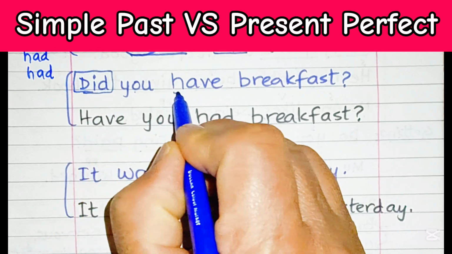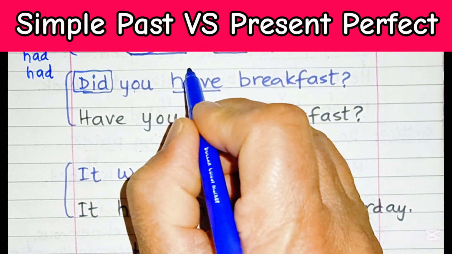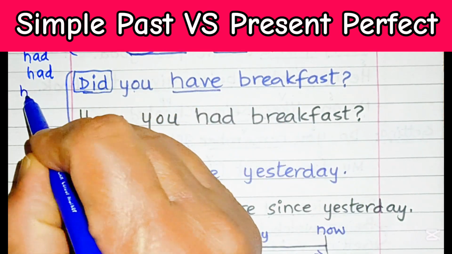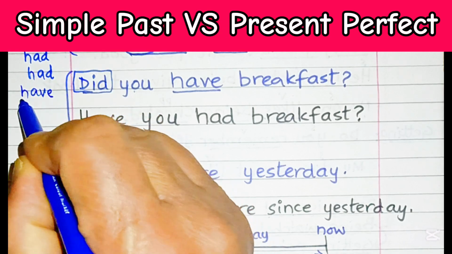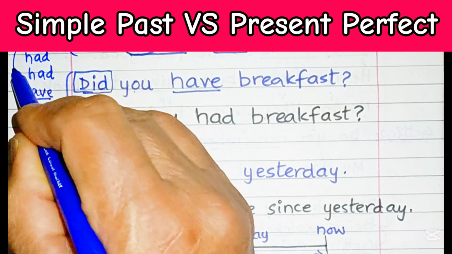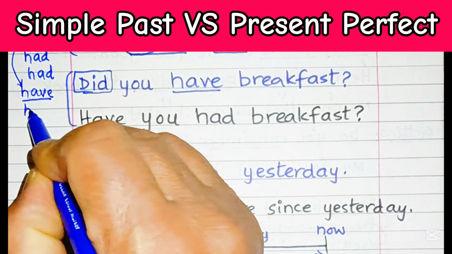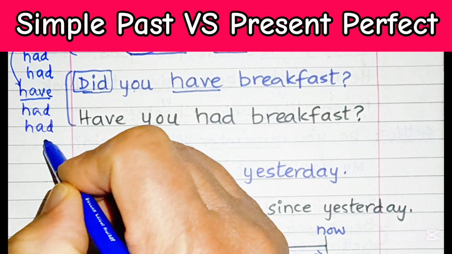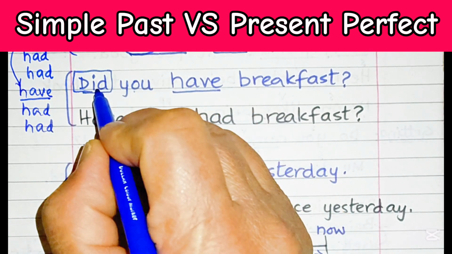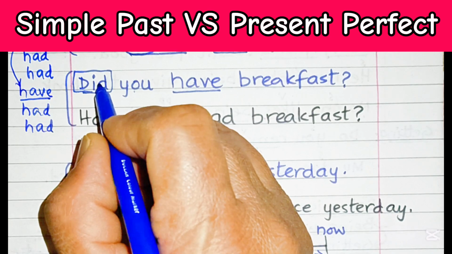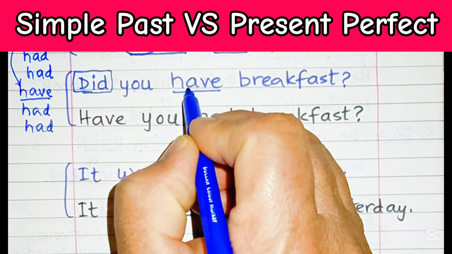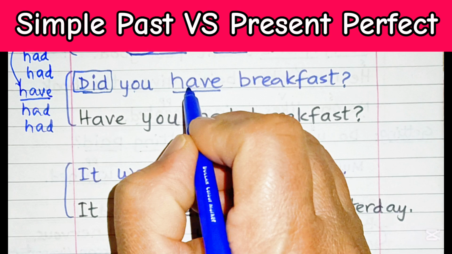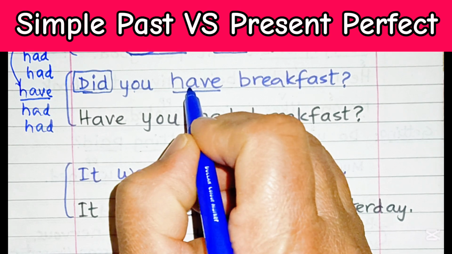Did you have? And this one is the simple form of the verb have. Have is the simple form, just like has. And the past form is going to be had, and the past participle is also had. So did is in the past tense, and this verb is in present or simple form for the verb have.